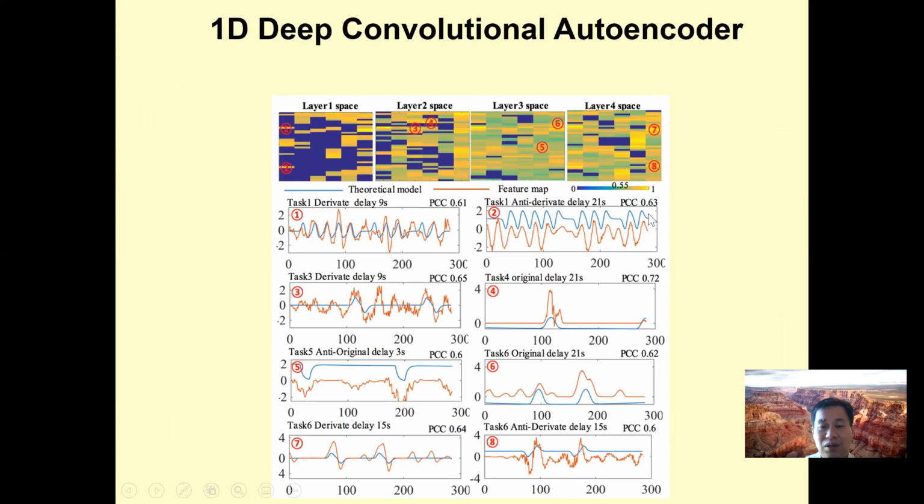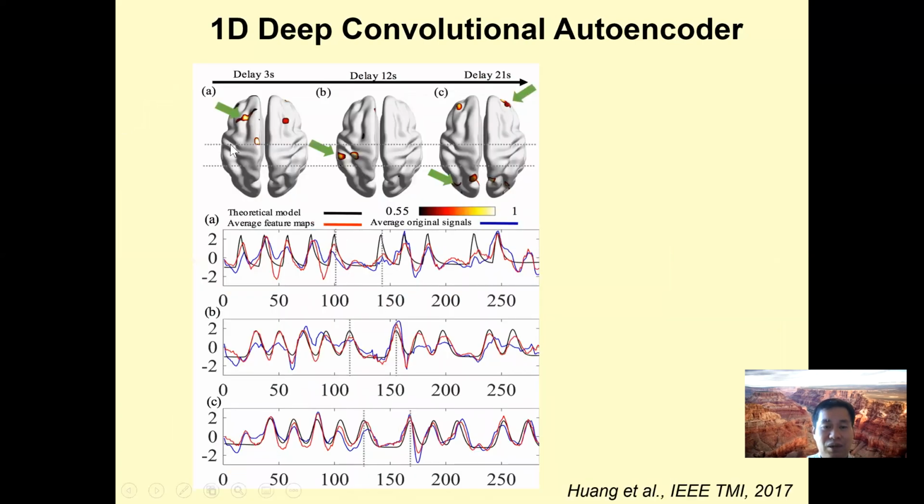So the deep learning model, the convolutional autoencoder, really works. It really extracts meaningful patterns from the fMRI data. So we are confident to say that we are making meaningful sense out of very large fMRI data.